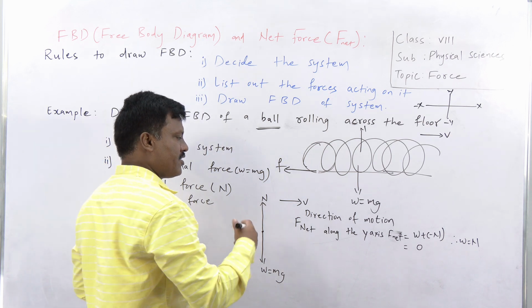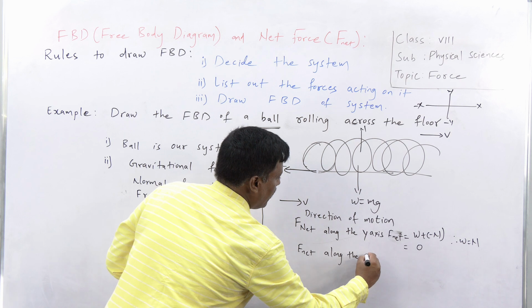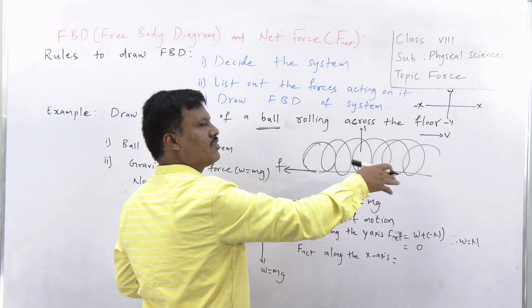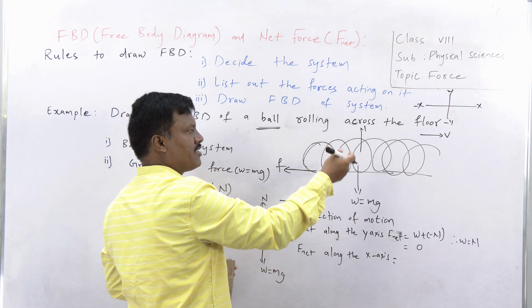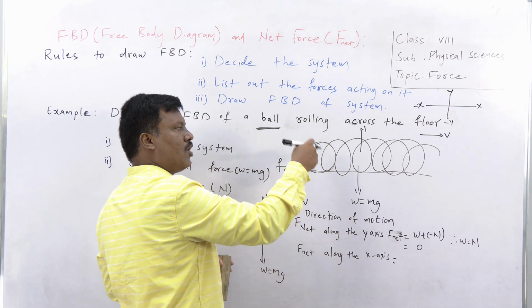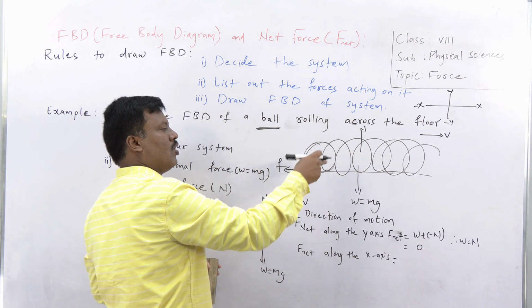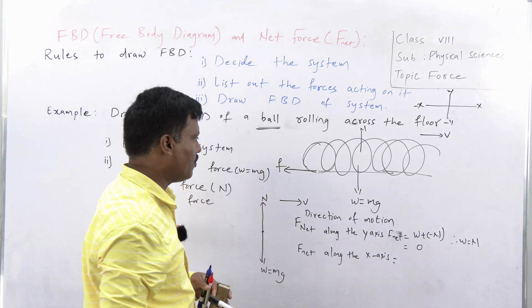But in the horizontal direction, if you take net force along the x-axis, in the horizontal direction how many forces are acting on this ball? There is only one force acting on the ball while it is rolling across the floor. Due to this force, the ball slows down. Okay, this is a negative force acting on the ball. Actually this is the direction of the motion, but the force acts on the ball in the opposite direction.